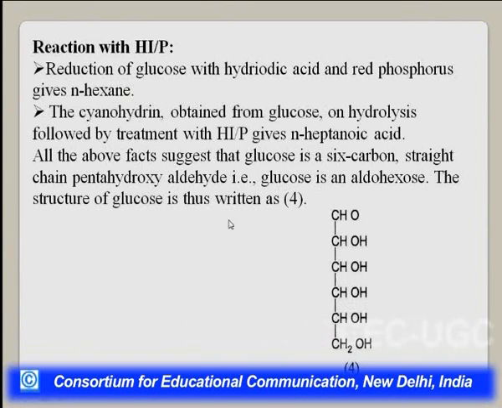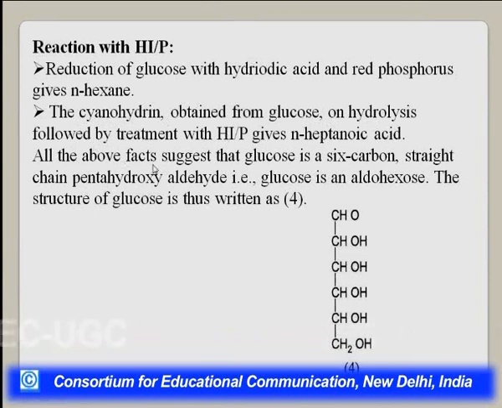Another reaction is with hydrogen iodide and phosphorus. Reduction of glucose with hydriodic acid and red phosphorus gives n-hexane. What is n-hexane? When this is CH3, CH2, CH2, CH2, CH2 and CH3, this will be n-hexane. The cyanohydrin obtained from glucose on hydrolysis followed by treatment with hydrogen iodide and phosphorus gives n-heptanoic acid.